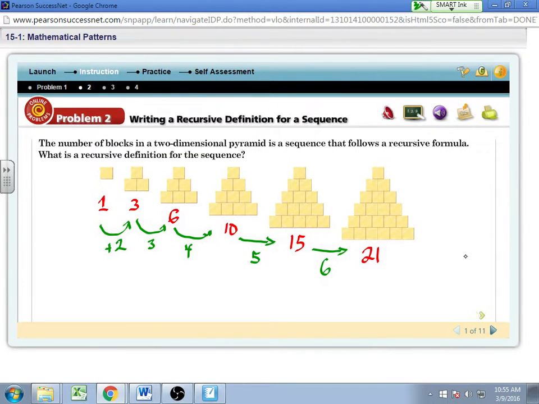I have a plus 2, plus 3, plus 4, plus 5. I'm adding sequential integers. So how can I make a function rule to start this? Remember, a sub 1 is 1. A sub 0 we could assume is 0.